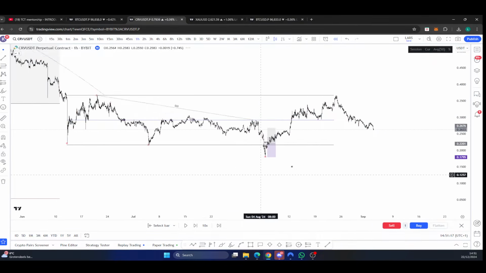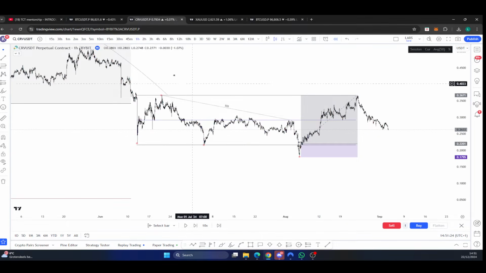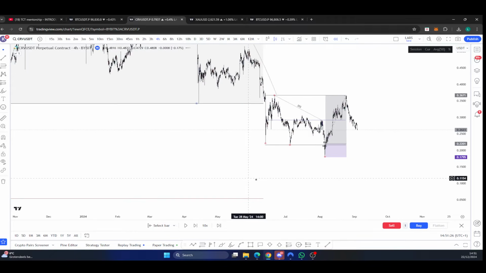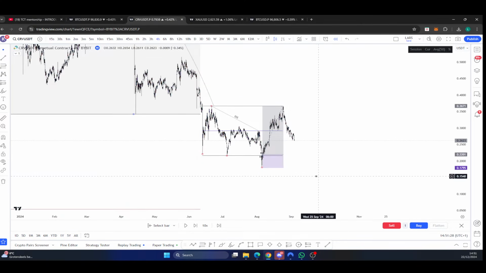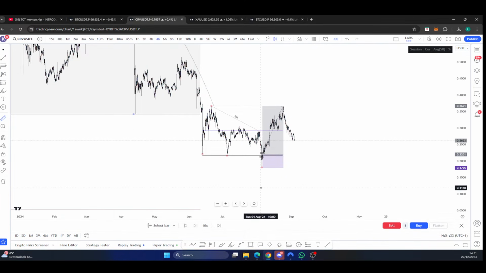Now, originally, you would have a trade setup that looks something like this, which is a 3.6 risk to reward, which is a decent risk to reward, but it is a pretty high time frame setup. So if I'm trading the higher time frames where my trade plays out in a span of 18 days, I would like a better risk to reward.